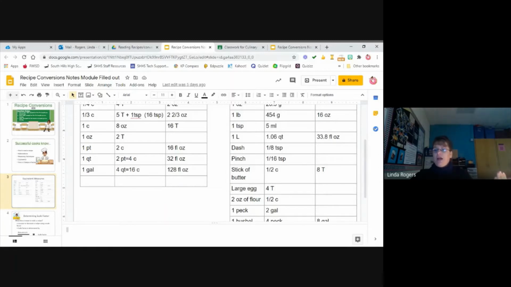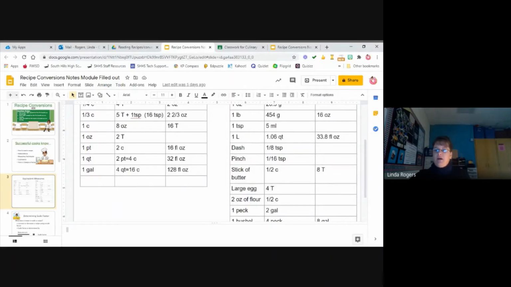So let's say 2 ounces of sugar would be a fourth of a cup, whereas 2 ounces of flour is a half a cup. Do you see the difference in that? Does that make sense? Because flour is lighter, and so it's going to weigh less for the amount that you need.